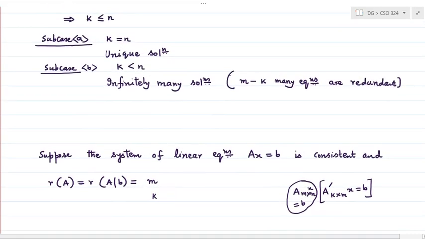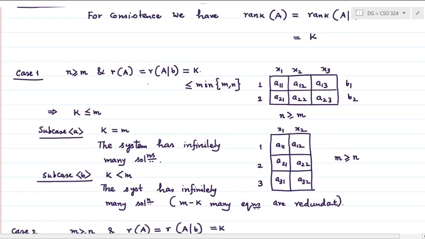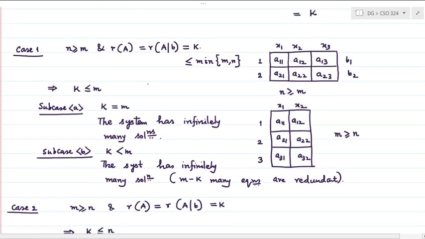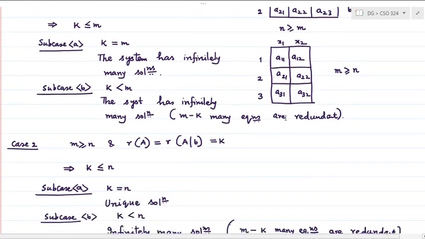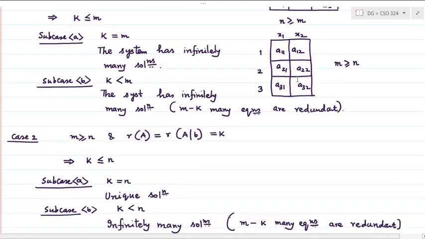You notice here that if I have a vertical rectangular system, meaning this kind of system, in that case you note that you have a problem. What is that particular problem?